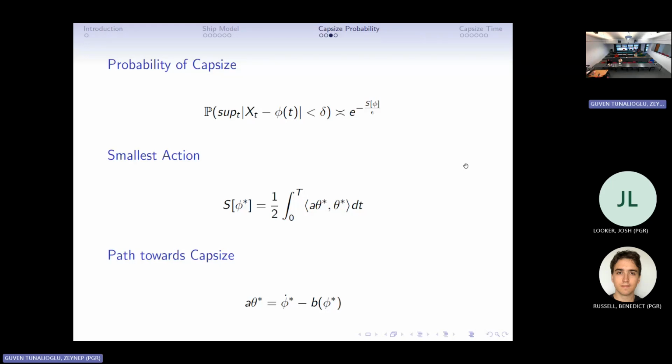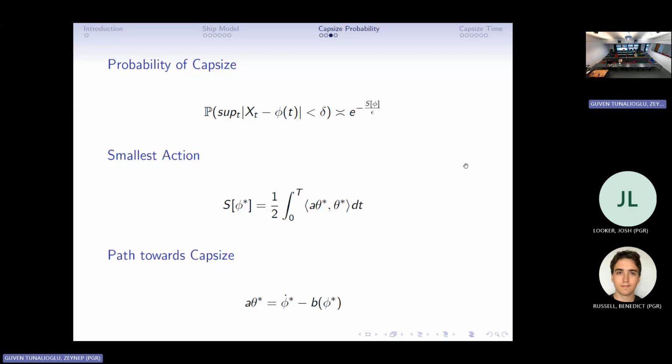So we have kind of solved the second question. What is the probability of capsizing? It's governed by this large deviation expression, in which the probability is determined by some rate function S, or we can understand this as the energy required to push the ship from stable equilibrium to capsize. And we want to find the optimal trajectory phi star such that this is the smallest value.